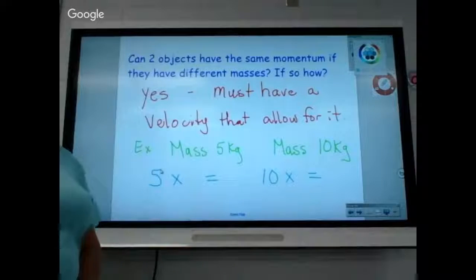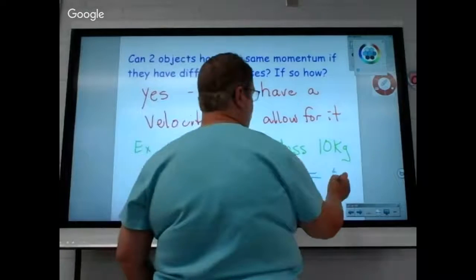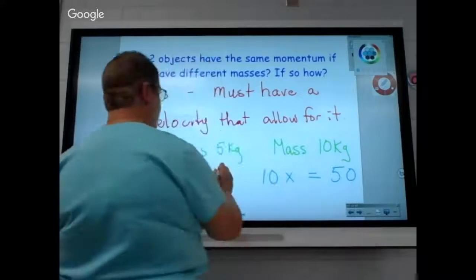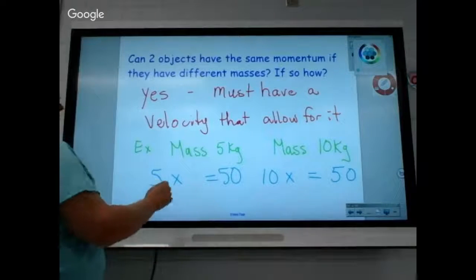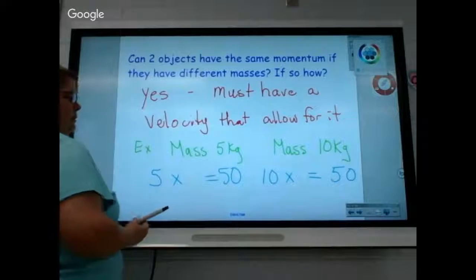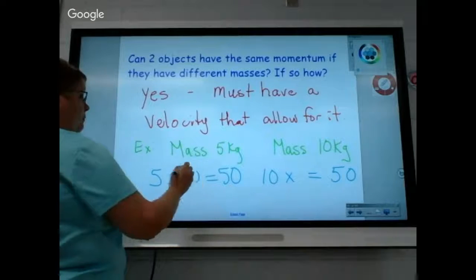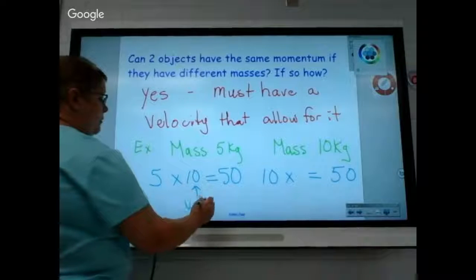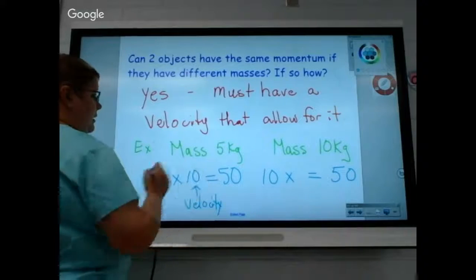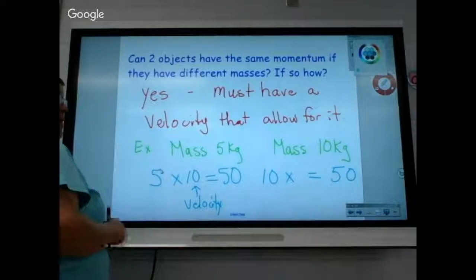Let's just say that we want the momentum to be 50. Five times what will give me 50? 10. Okay. So if the velocity is 10, I can get a momentum of 50.